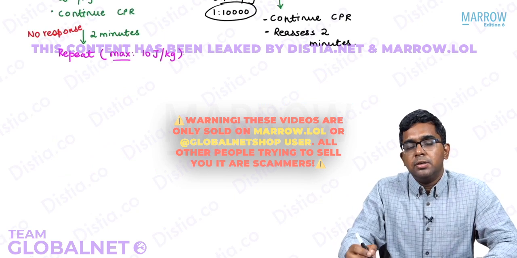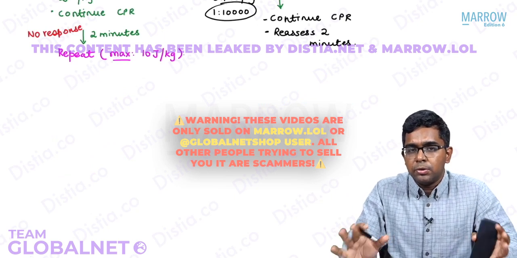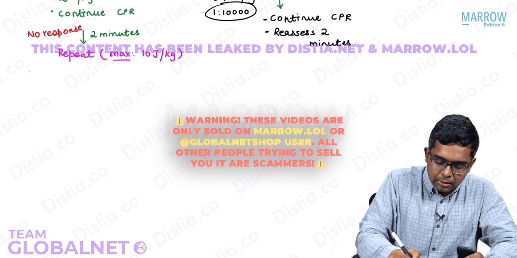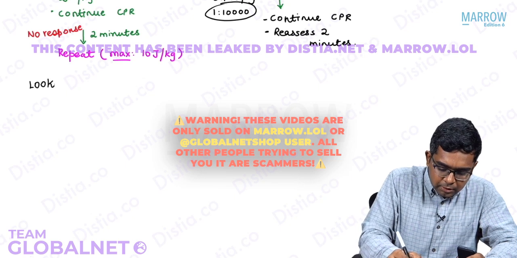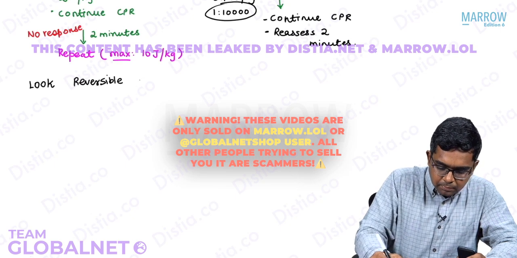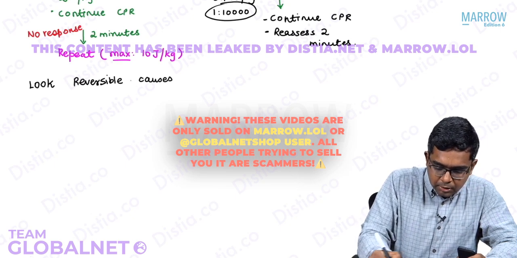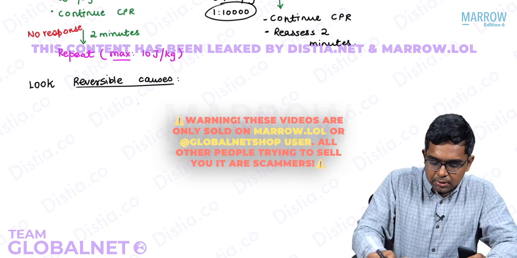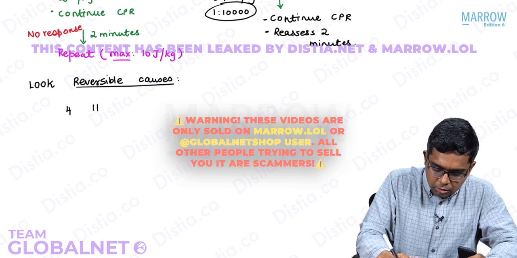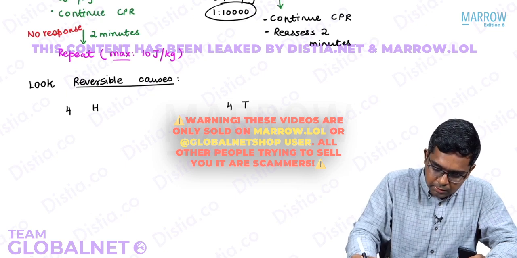One last thing about resuscitation is whenever you are doing resuscitation at any point of time, you have to look for the reversible causes or correctable causes. They are usually remembered as 4H and 4Ts.